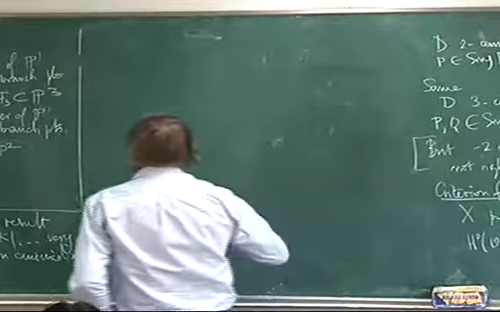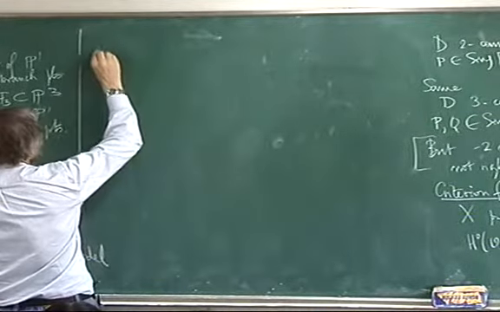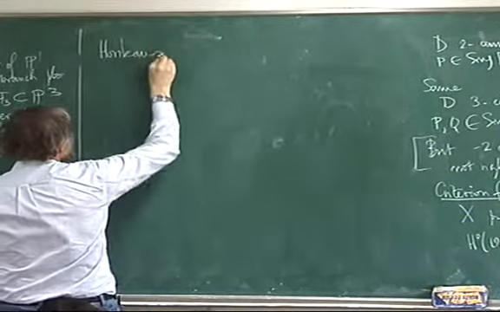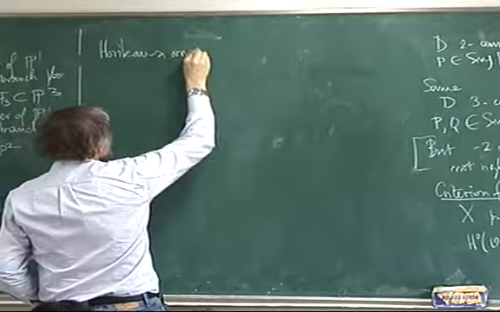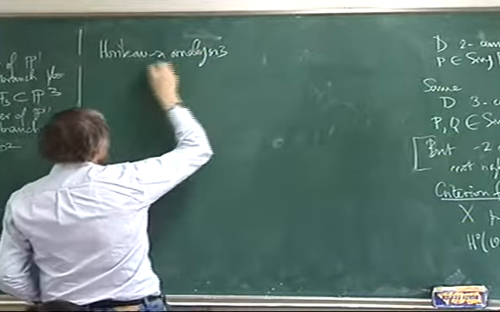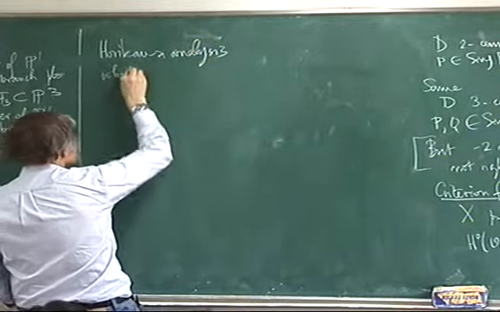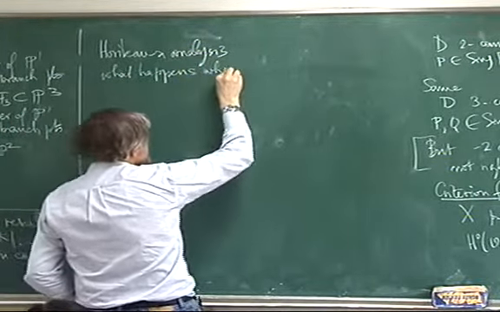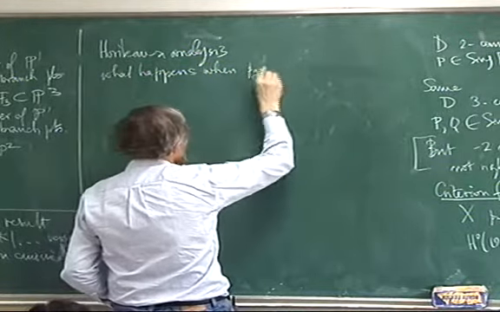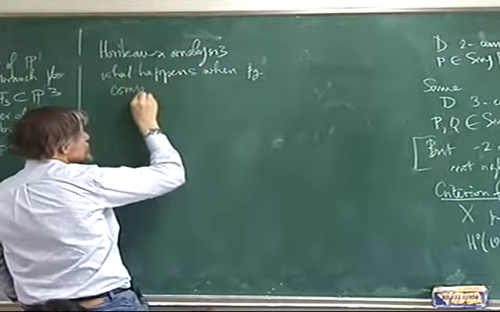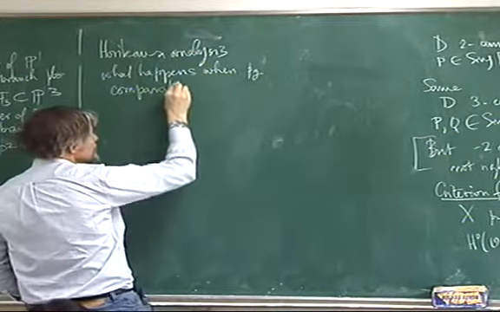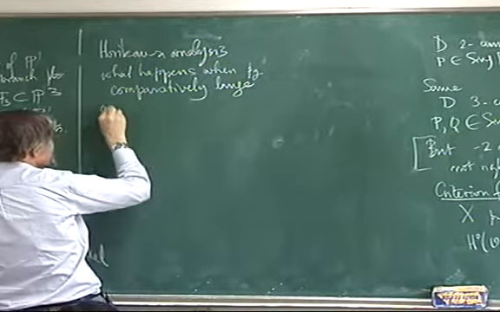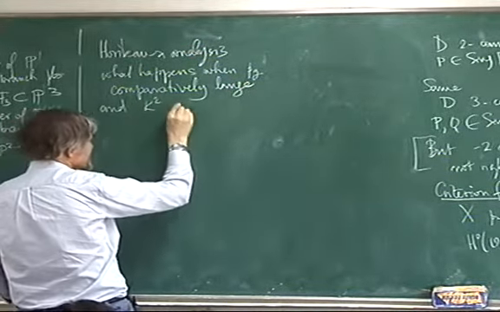Here I want to talk about something called the Horikawa analysis, or at least the beginning. So this is what happens when PG is comparatively large and K squared is small.